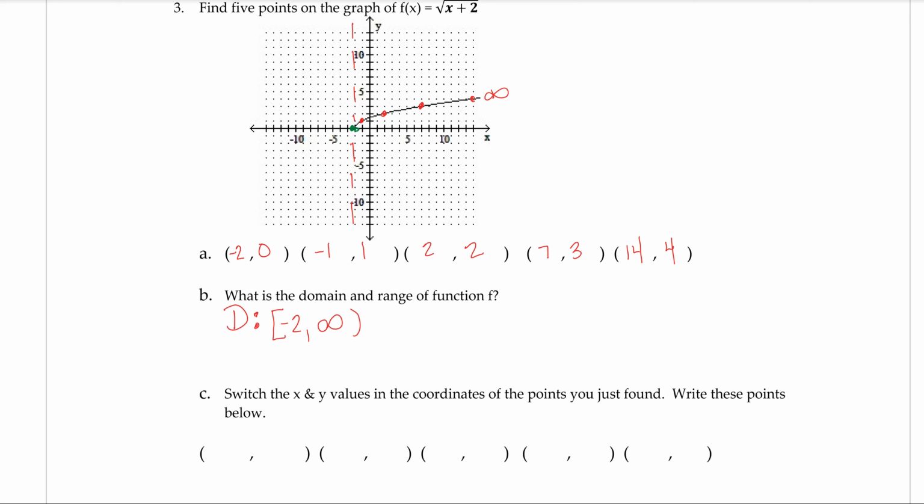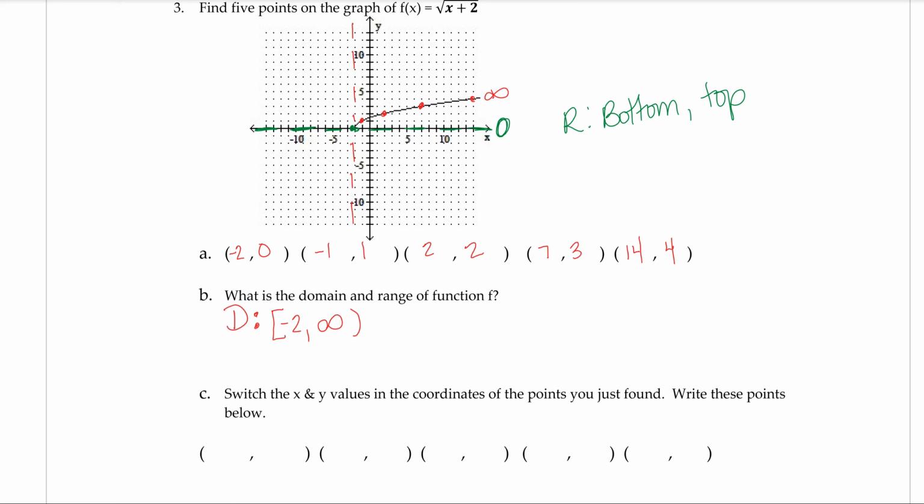Now my range. Remember, I always read my range from the bottom to the top. So I'm going to find my lowest point on my graph to the bottom. Well, it happens to be right here on my x-axis. So while this might be my x-axis, it's also known as 0, guys. You have to remember, it's also 0.